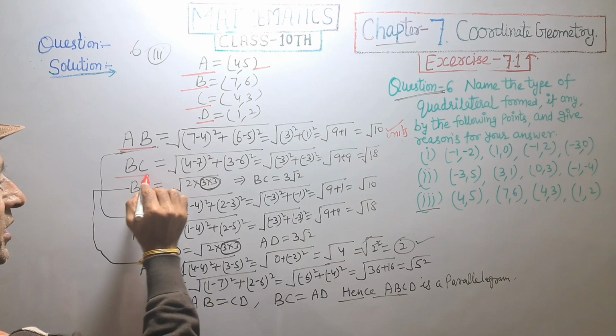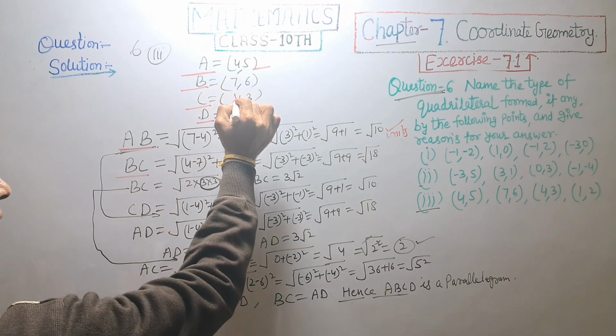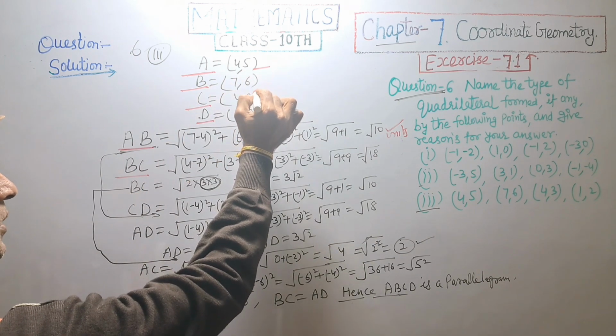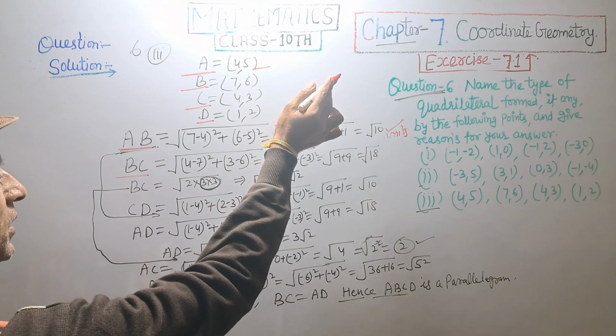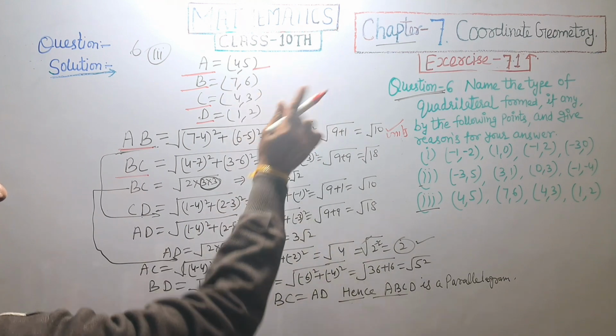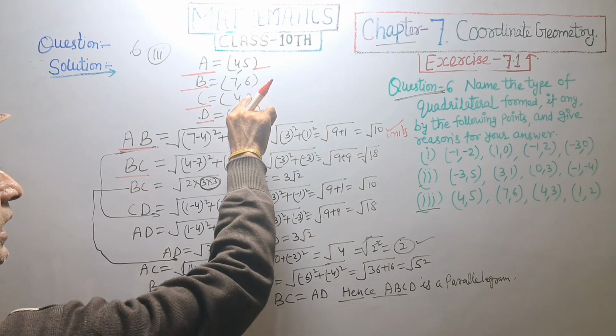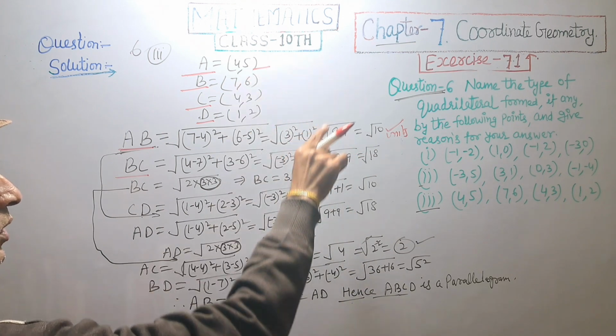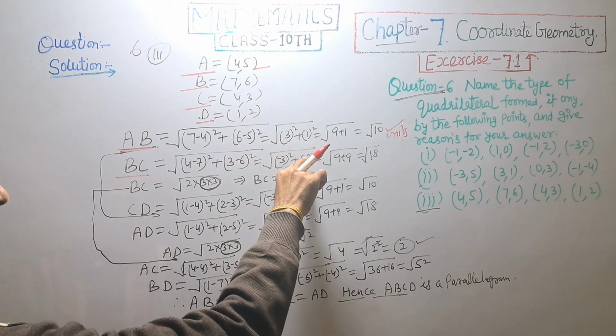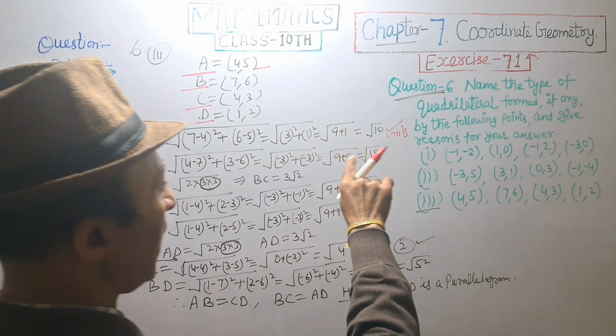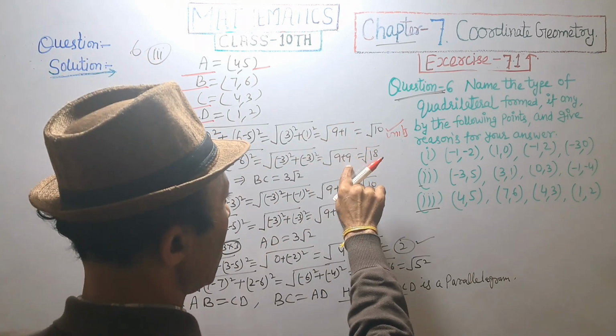And BC is equal to x2 minus x1 square plus y2 minus y1 square, (4 minus 7) square, that is minus 3 square, 3 3s are 9, and (3 minus 6) square, that is 3 minus 6 is minus 3, and minus 3 square is equal to 9.